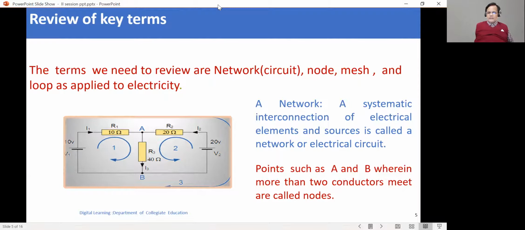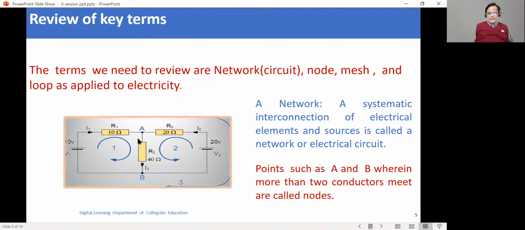In addition, a circuit will have energy sources. Together, they are connected in such a way as to provide a closed conducting path, and usually the purpose is to achieve some work. In such a network, there will be points such as A and B in which more than two conductors meet.